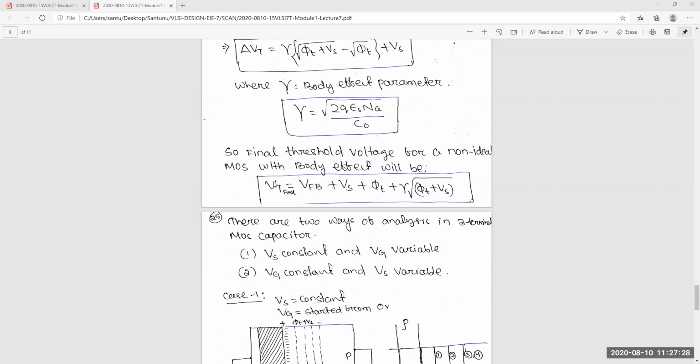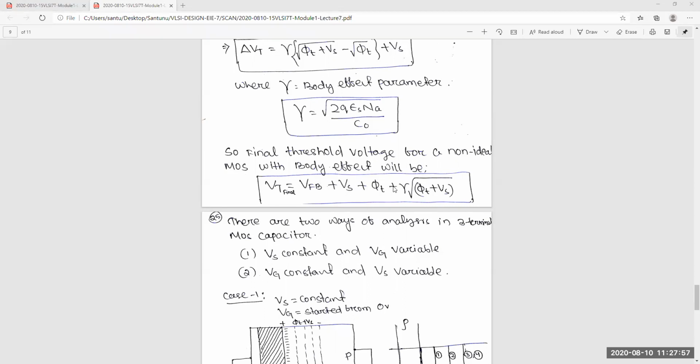The total threshold voltage will be this part plus your flat band voltage. This is your flat band voltage, phi ms minus Qf by C0, plus Vs, your substrate bias, plus 2 phi f, your surface potential, and this part is your oxide potential.